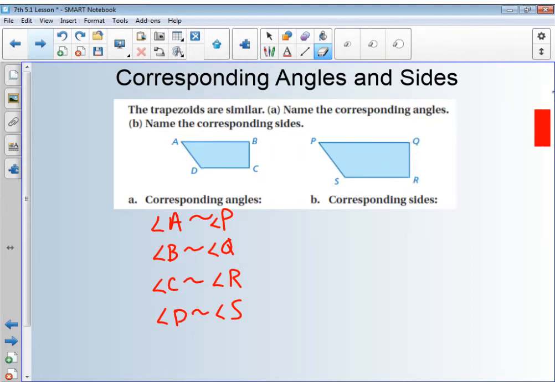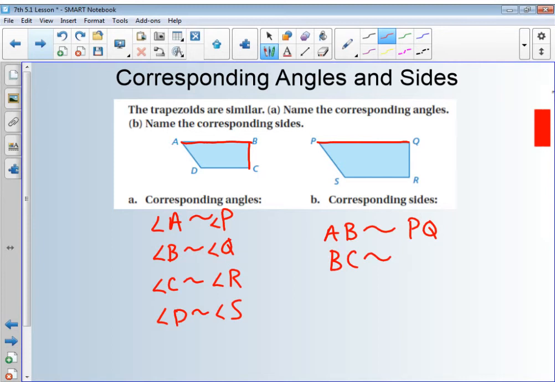Sides that are similar. So we've got AB corresponds to PQ. BC corresponds to QR.